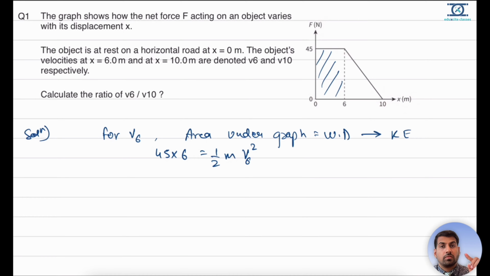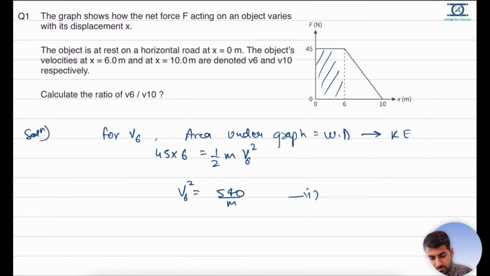V6 stands for the velocity of the object at 6 seconds. So using this, can I write V6 squared will be nothing but 45 into 6 times 2, which will be 540. I have already done the calculation. So this will be 540 by m.